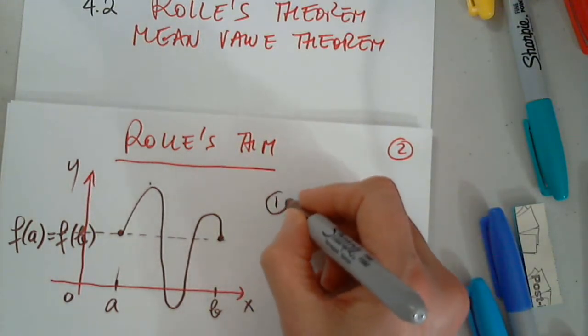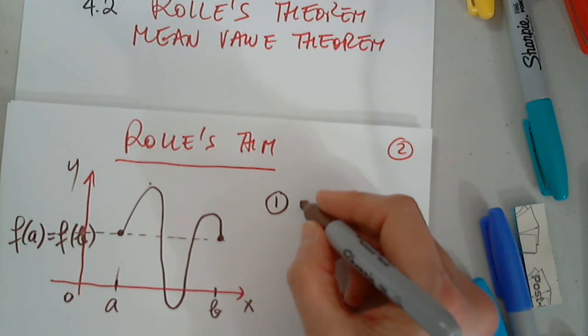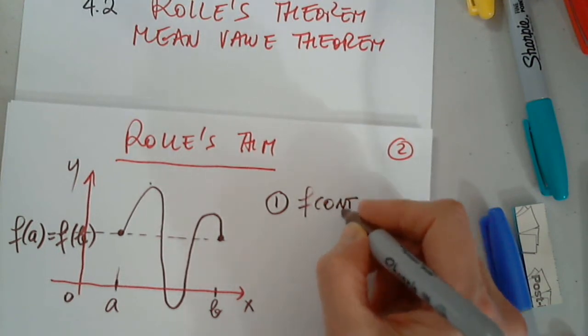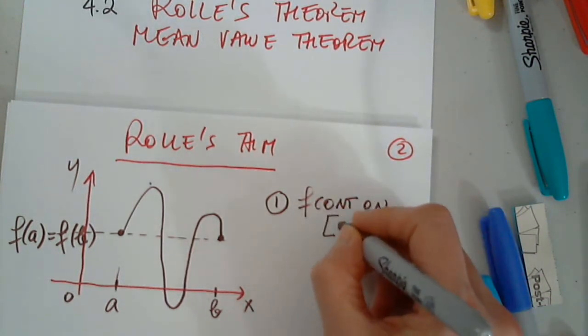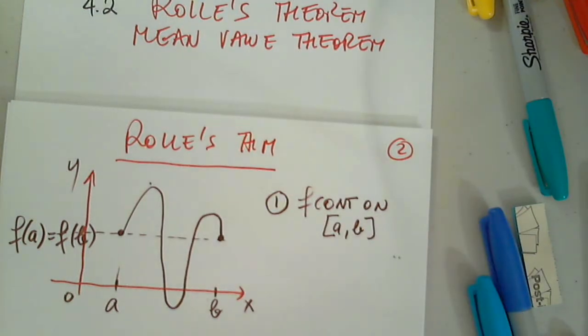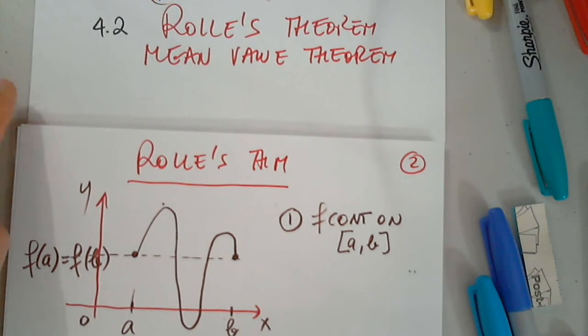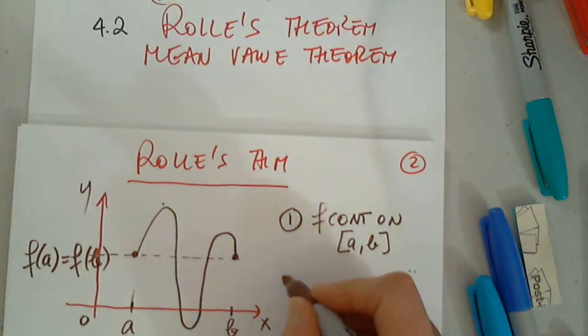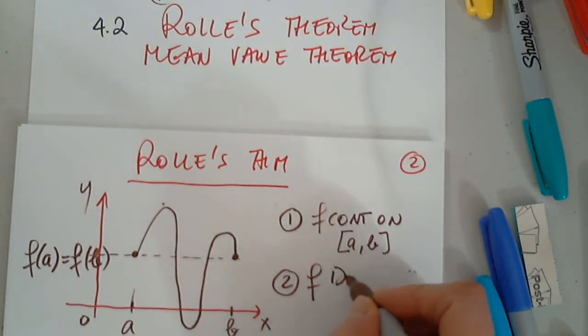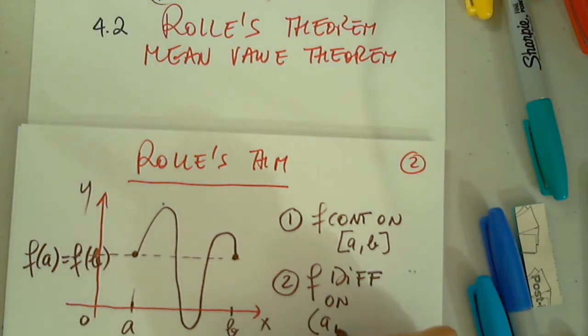So the hypothesis of the theorem, number 1, f continuous on the closed interval a comma b. Would you agree with that? Yeah. Number 2, f differentiable on at least the open interval a comma b.